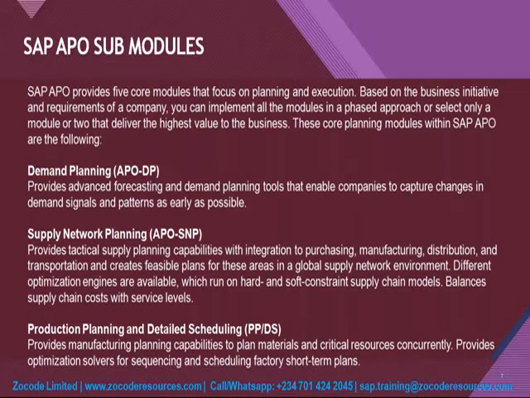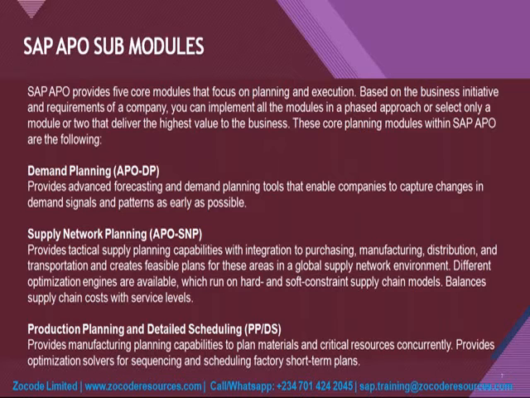This provides tactical supply planning capabilities with integration to purchasing, manufacturing, distribution, and transportation, and creates feasible plans for these areas in the global supply network environment. Different optimization engines are available, which run on hard and soft constraint supply chain models, balancing supply chain costs.